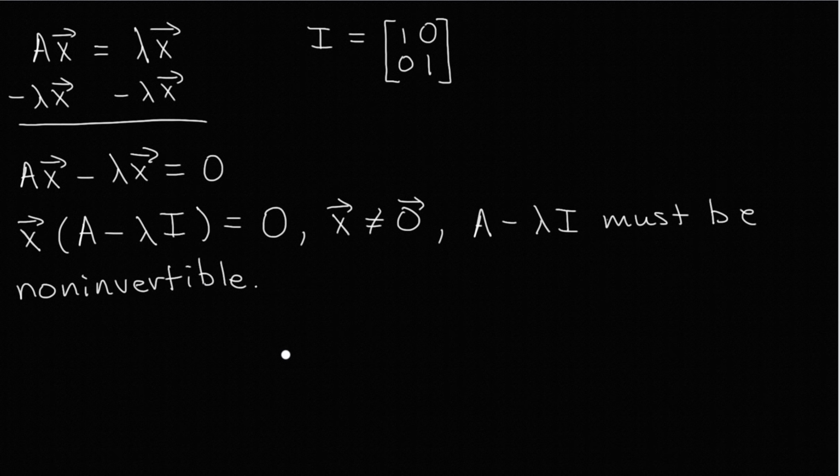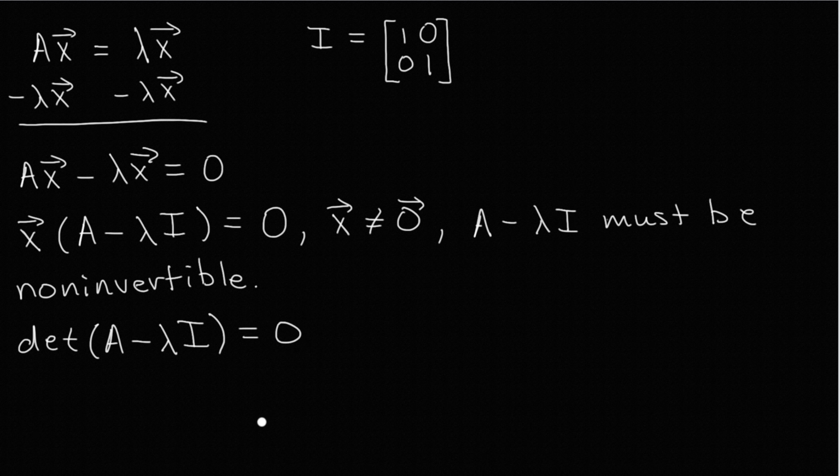So what that means is you can't find the inverse of the matrix A minus lambda I. Now, since we know that non-invertible matrices have a determinant of 0, we can say that the determinant of that matrix must be equal to 0. So the determinant of A minus lambda I is equal to 0.